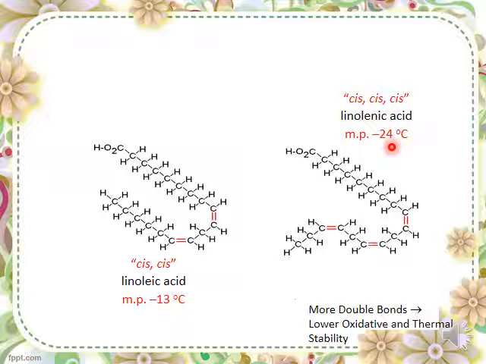So it becomes more unstable as the double bonds increase, and that is why a fatty acid with a high number of double bonds is susceptible to lipid oxidation due to its low stability towards oxygen and also heat.